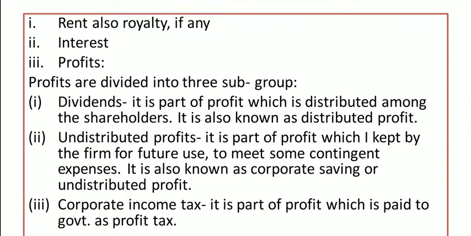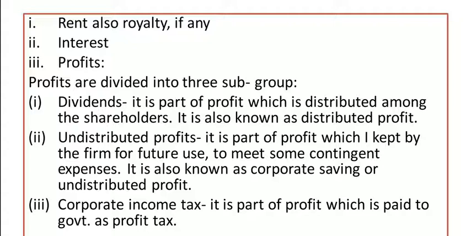Dividends. Dividend means it is a part of profit which is distributed among the shareholders. It is known as distributed profit. So distributed profit is your dividends, and undistributed profit, what?